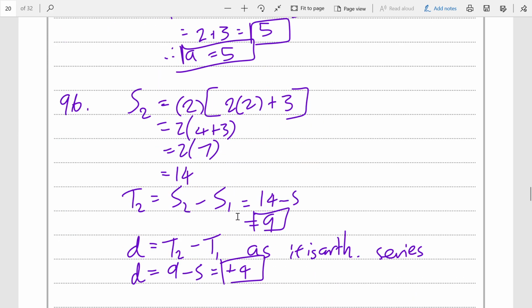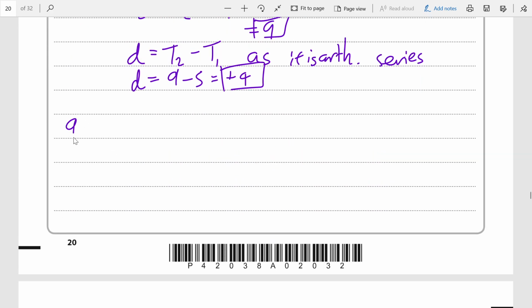Okay, find the 12th term of the series. Well, we know that for any particular arithmetic series, the nth term of the series is going to be a plus (n minus 1) times d. That is the first term plus however many common differences you add on to get to that term.